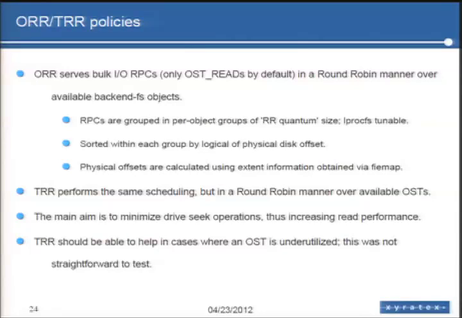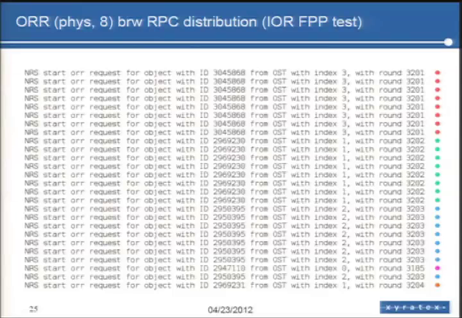The other version of TRR was to just do TRR at a higher level with an RR quantum of 1, but I'll talk about that later. It's to be part of the future tasks in an NRS framework evolution. So I guess again the same sort of slides that we had for CRR-N, and this is with a round robin quantum of 8.